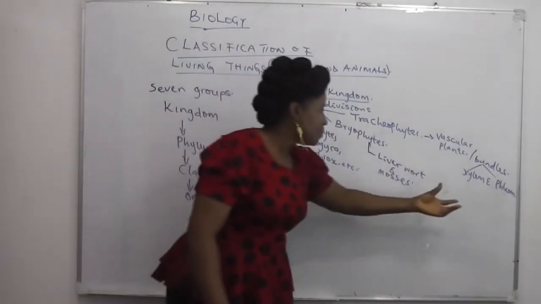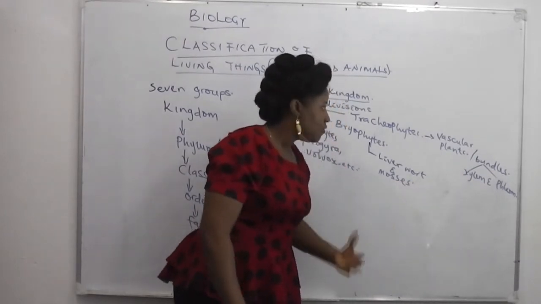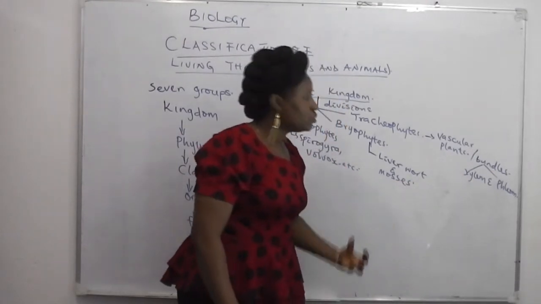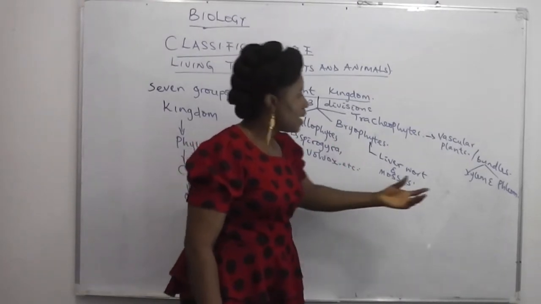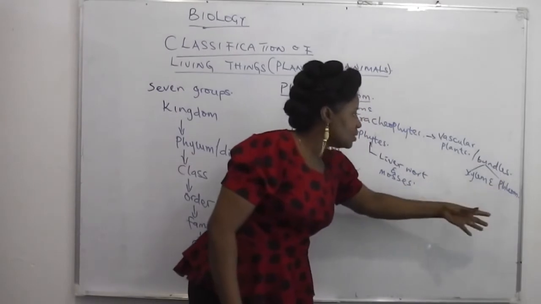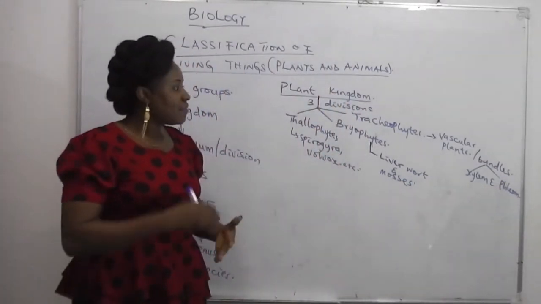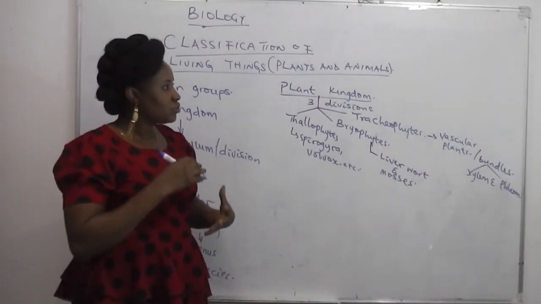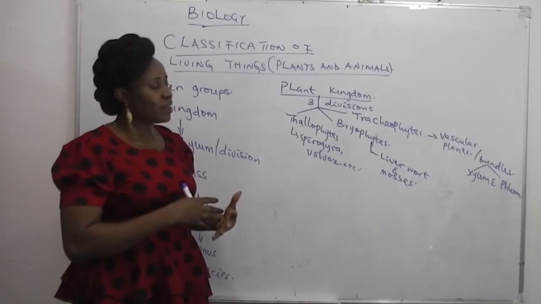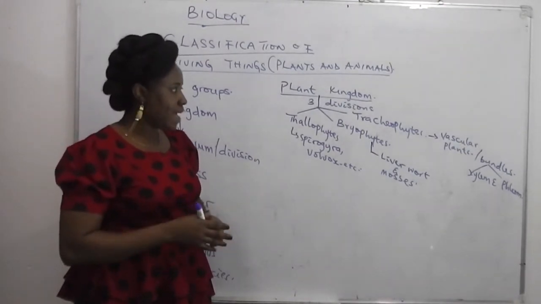The function of the xylem is that it helps the plant to conduct water from the ground to the root, and from the root to the leaves. While the function of the phloem is that after manufacturing of food, after photosynthesis, it helps to translocate food from the site of manufacturing to where it is stored, or where it is needed by plants.